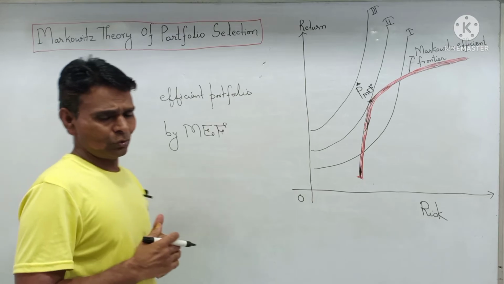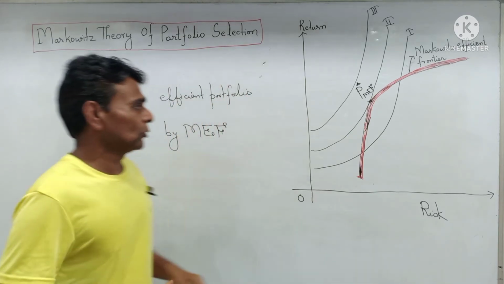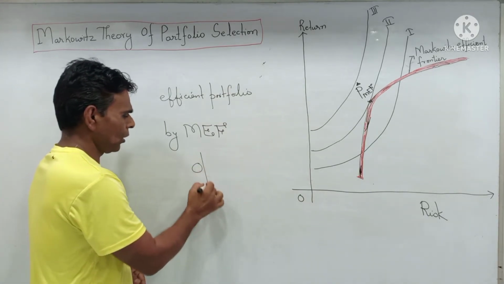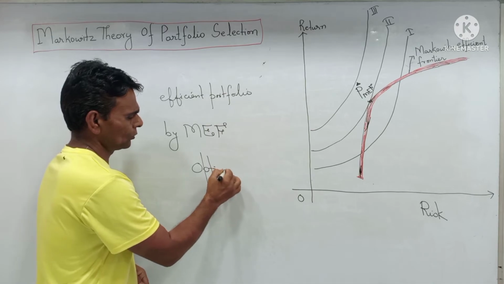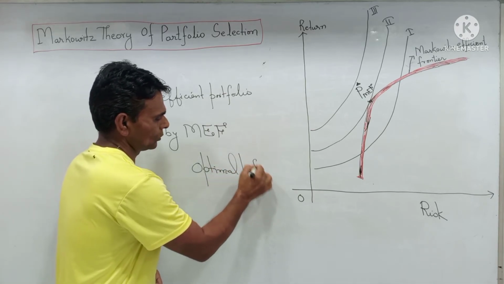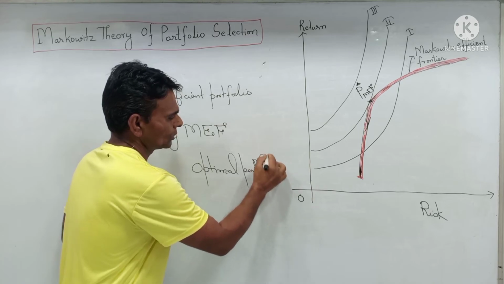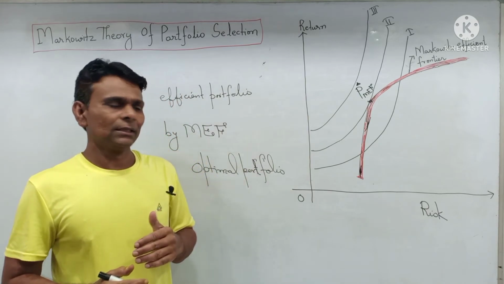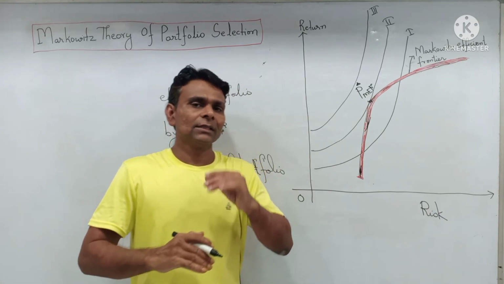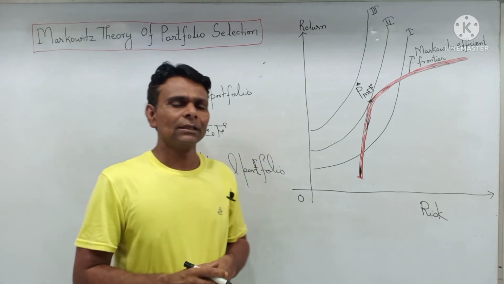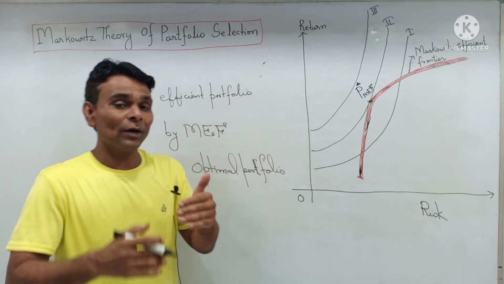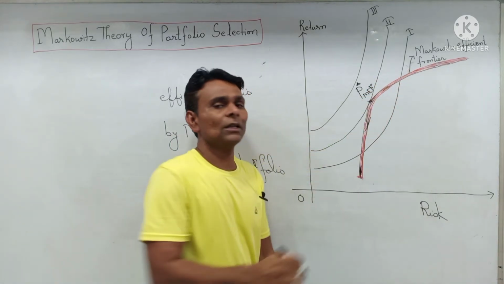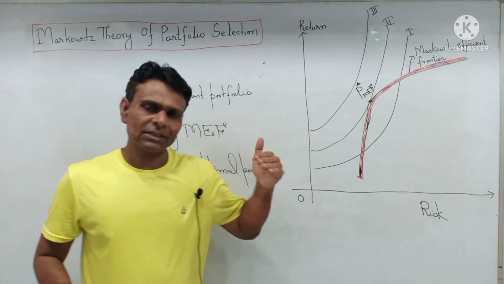And how to choose the optimal portfolio? The optimal portfolio is selected at the intersection point of the Markowitz efficient frontier and the highest possible achievable risk return indifference curve.